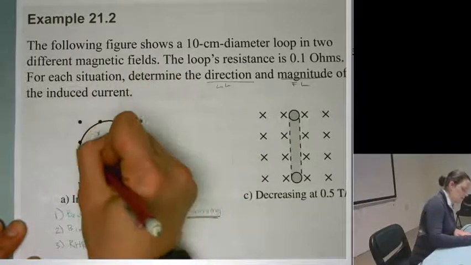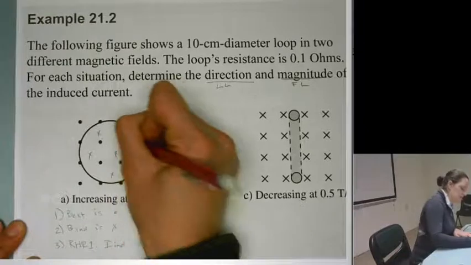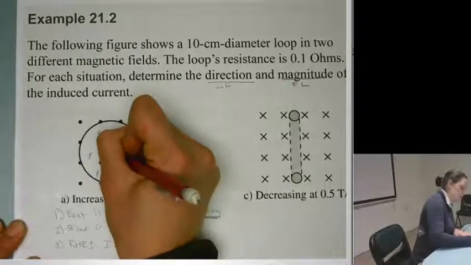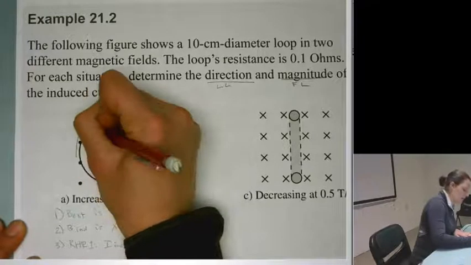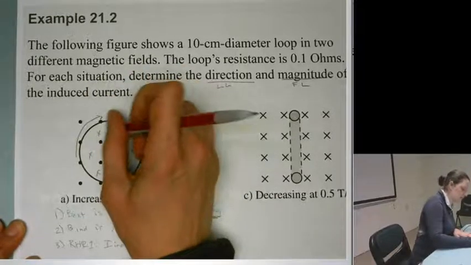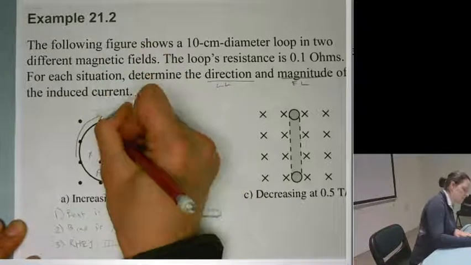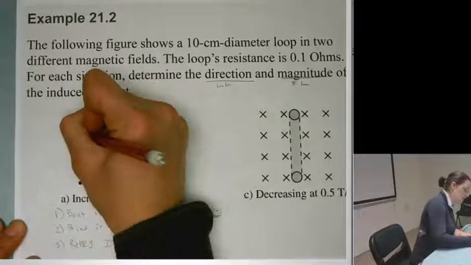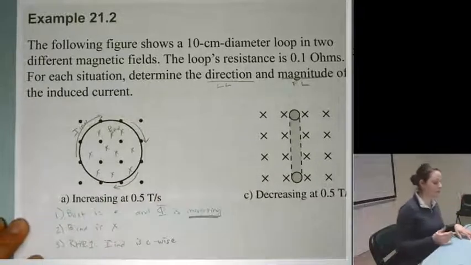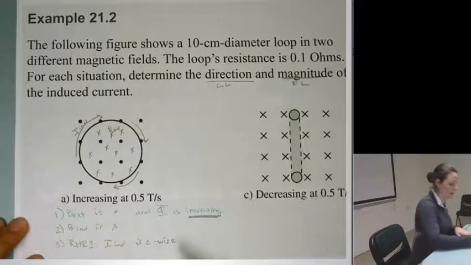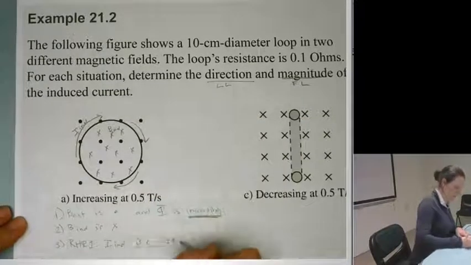Okay, so X is in here. So that's B EXT. And I called it EXT, but I meant to call it induced. And there's I induced, like that. Okay, so that is the direction. So I induced is clockwise.